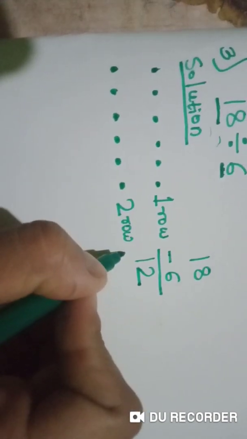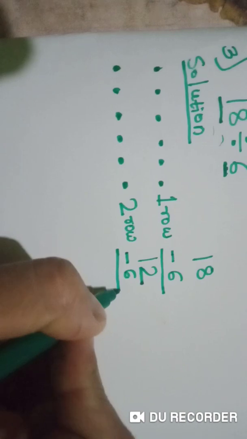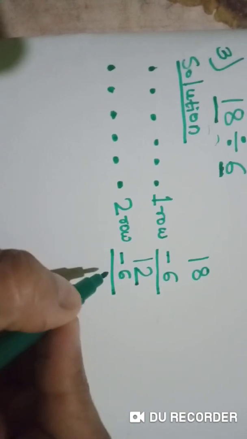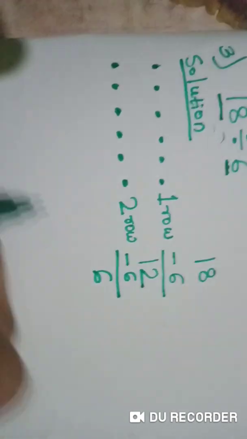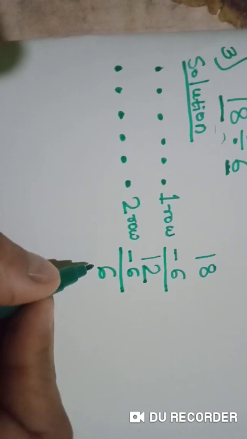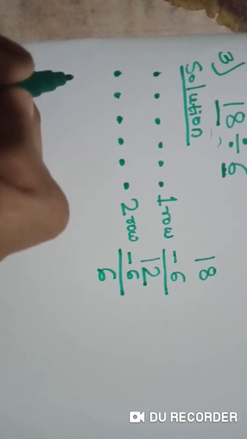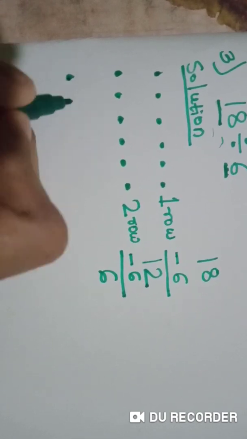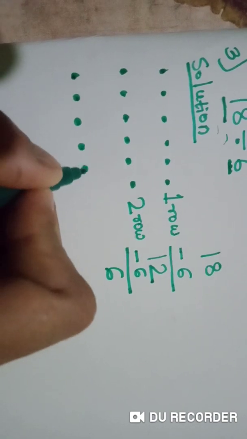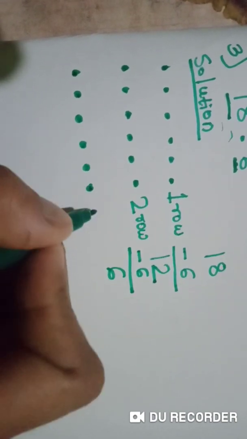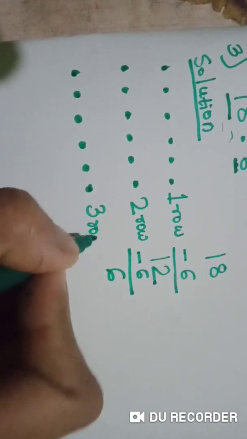Now we will subtract 6 from 12. What will be remaining here is 12 minus 6, how much? 6. Now 6 is remaining. Therefore again third row will be formed of 6 dots. 1, 2, 3, 4, 5 and 6. This is our third row.